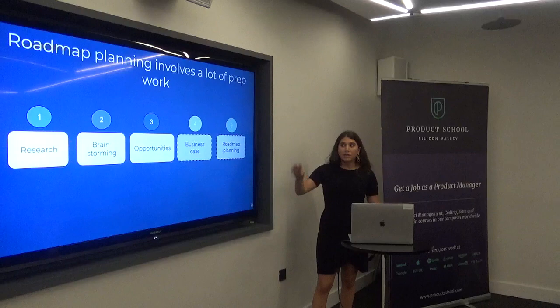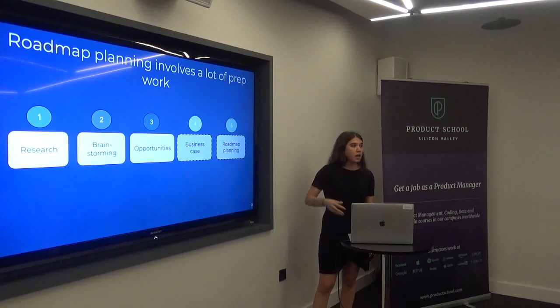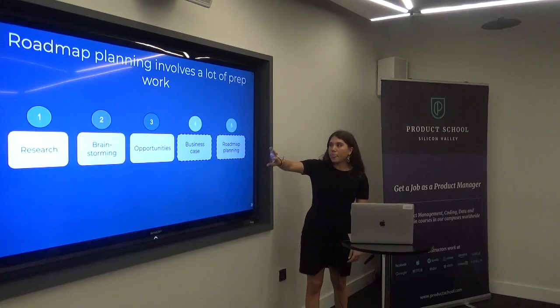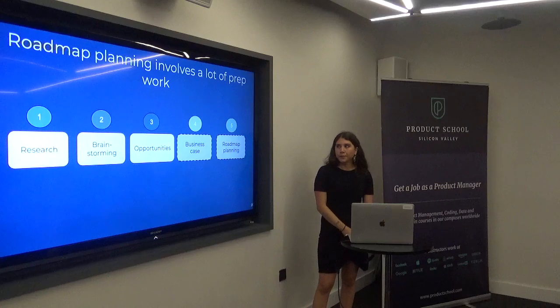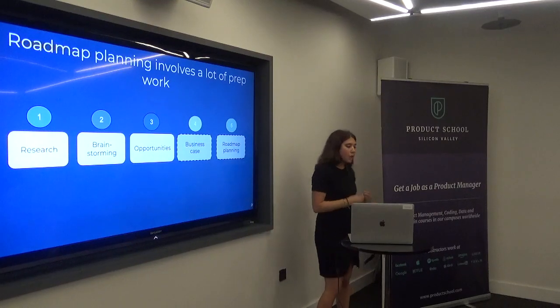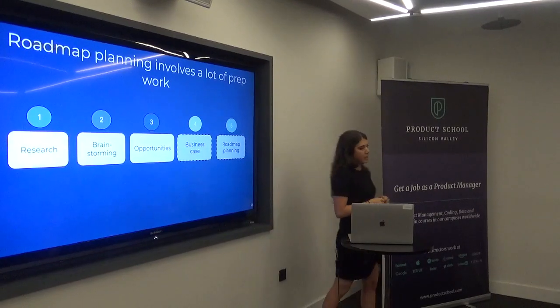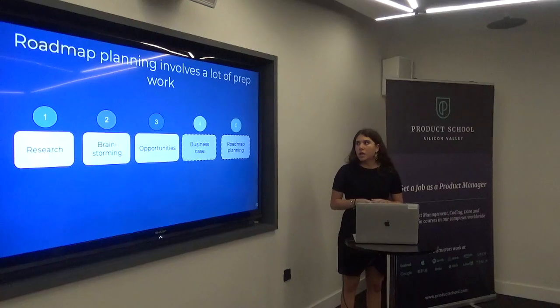So I've showed you the research that a PM does, the brainstorming session and involving other individuals from an early stage, identifying opportunities, and then I'll be discussing the next two later on in my presentation. But what's really important is that you do the upfront work. And I think a lot of PMs make that mistake. They don't do the upfront work.